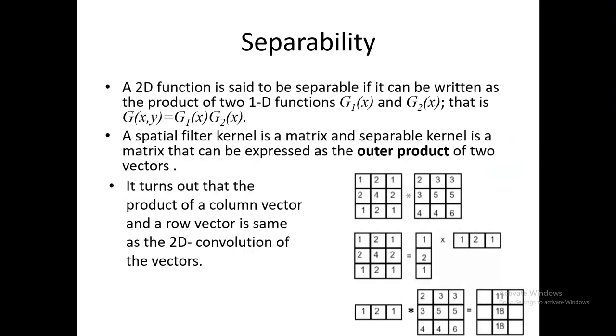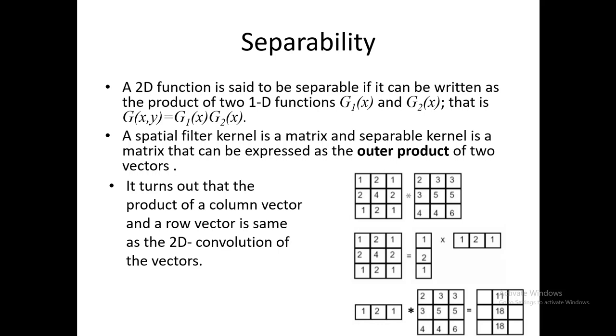Another very important term in filtering is separability. We say a 2D function is separable if it can be written as a product of two 1D functions, g1(x) and g2(y), that is g(x,y) can be expressed as a product of two functions.